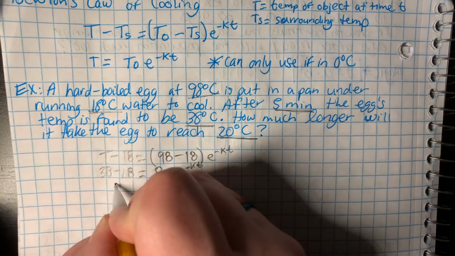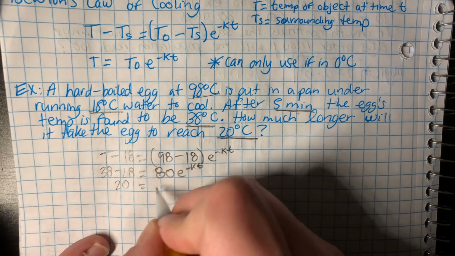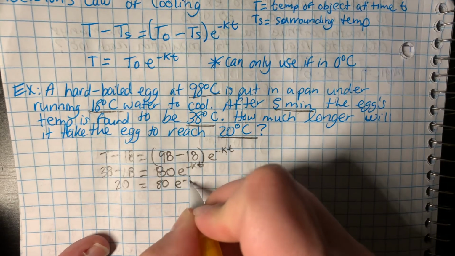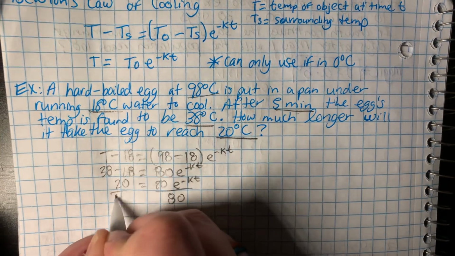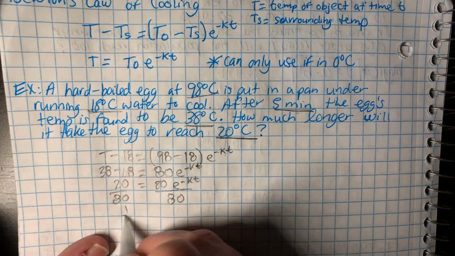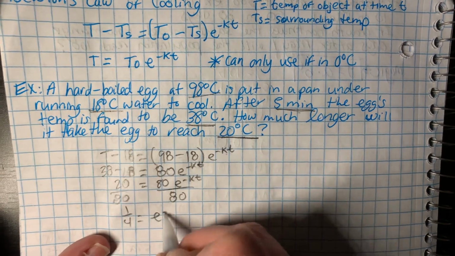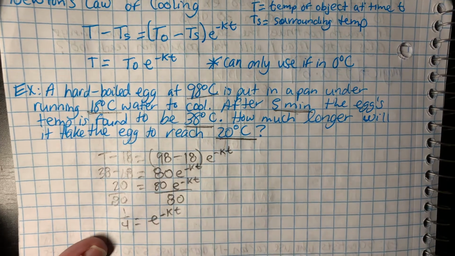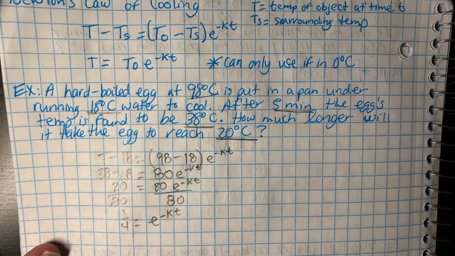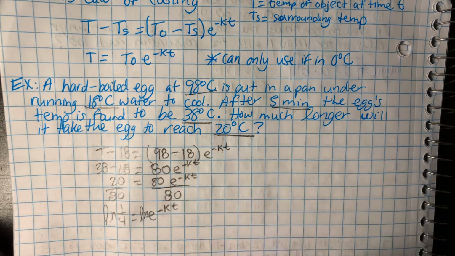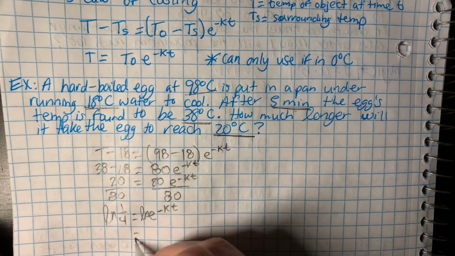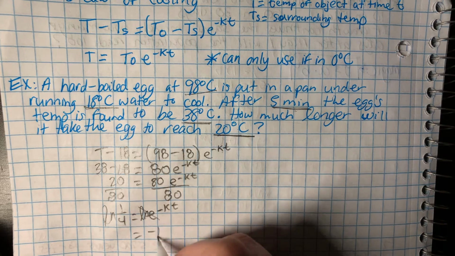So now let's solve. I'll have 1/4 equals e to the negative kt. Now ln of both sides, ln of e just cancels out.